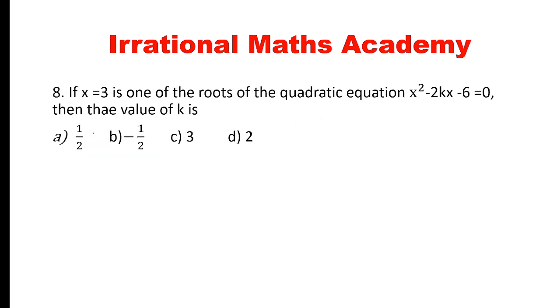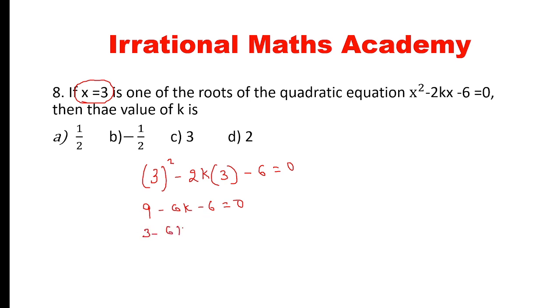If x equal to 3 is one of the roots of the quadratic equation, then find the value of k. One of the roots means this value will satisfy this equation. Simply substitute 3 in place of x. So what I'll get here: wherever you see the x, substitute 3. 3 square minus 2k into 3 minus 6 equal to 0. 9 minus 6k minus 6 equal to 0. 9 minus 6 will get 3, minus 6k equal to 0.